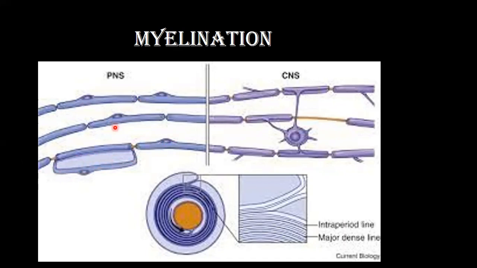Then each cell completely invests the axon, or we can say that the outer membrane and the inner membrane of the Schwann cells become double folded, upper part and lower part, and we call them the mesoaxon. And then the Schwann cell completes its wrapping all over it, and we call it the myelin sheath in the peripheral nervous system.